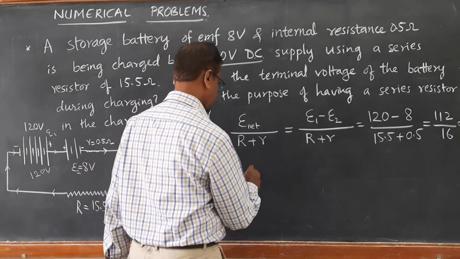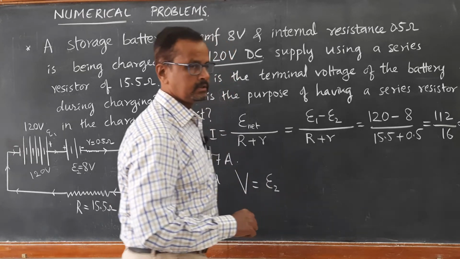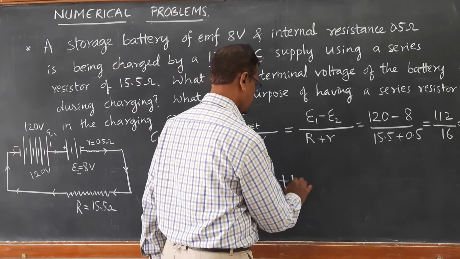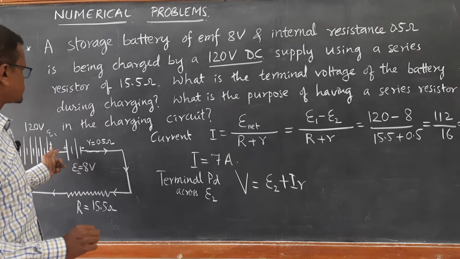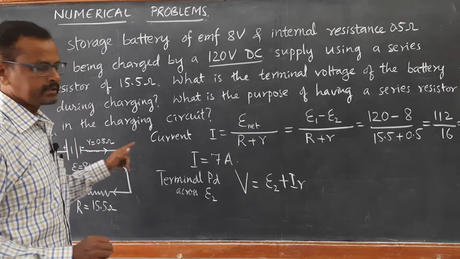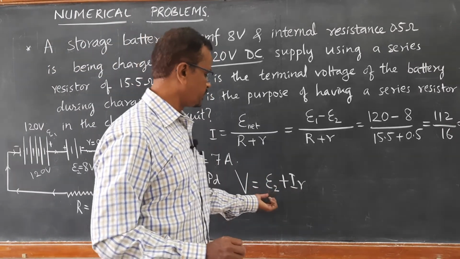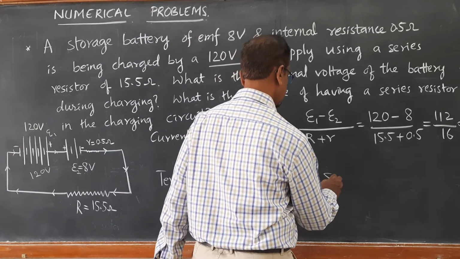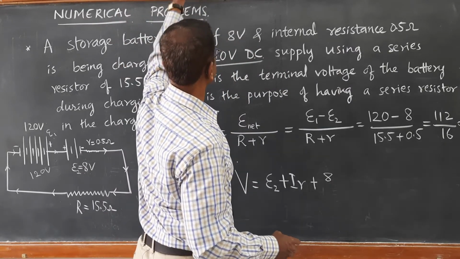If you call it V, it is E2 minus Ir, but since the current is in the reverse order, it becomes E2 plus Ir. You can see here, current is from positive terminal to negative terminal. It is from P to N even inside. Therefore, it is taken as minus of minus, that is plus. Therefore, E2 plus Ir.